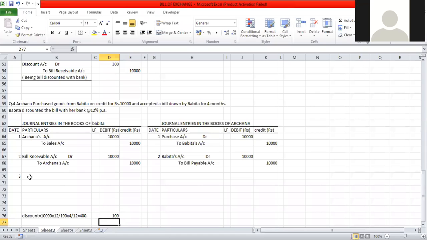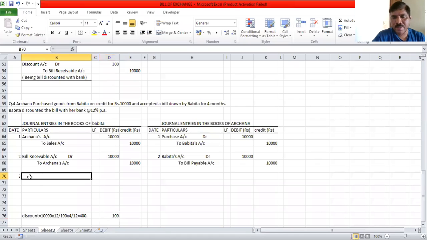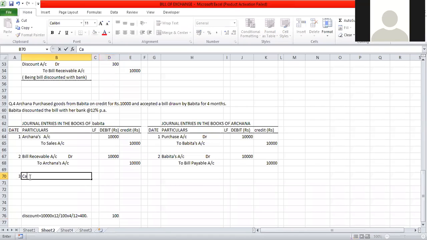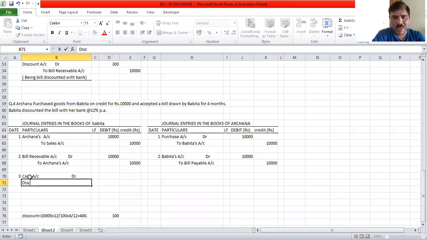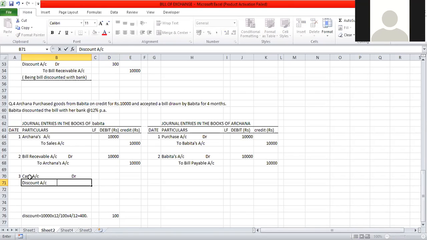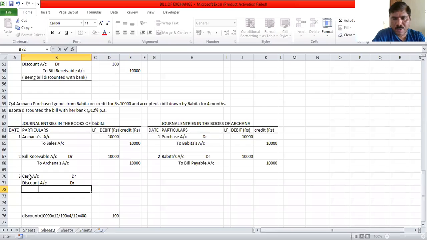Now, for discounting of the bill, what entry will we pass? Cash account debit, because cash comes in. Discount account debit. Why discount account debit? It is an expense. And to bills receivable, because the bill goes out.